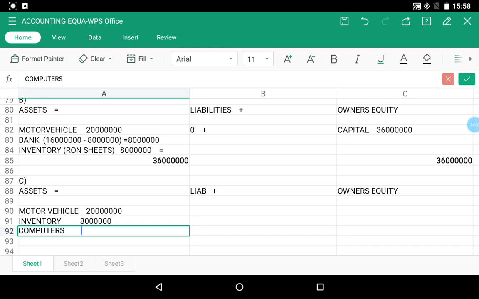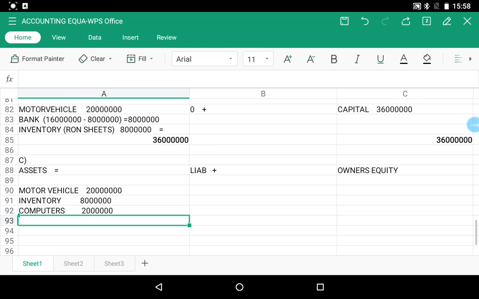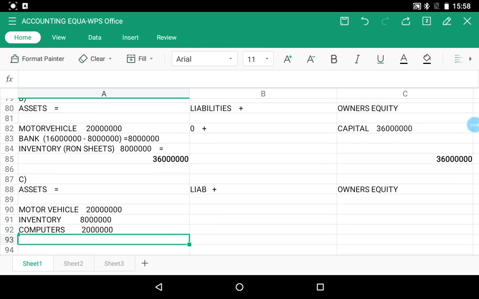They have said they bought computers worth 2 million. Then we have our bank. But remember, our bank, it was the remainder which was still there, it was 8 million.